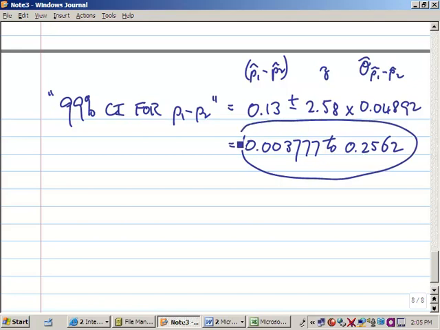So even though the sample increase was 13%, right, went from 78% to 91%, the true proportion at the 99% level of confidence is somewhere between a number very close to 0 or no increase to 25.6%, which is a huge increase.